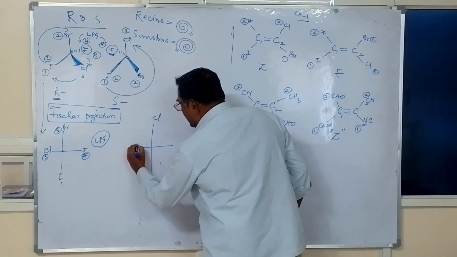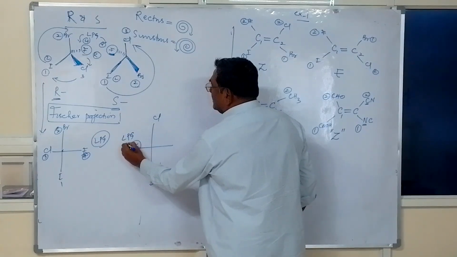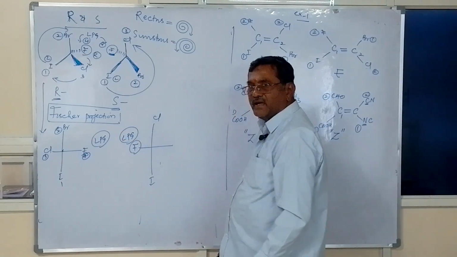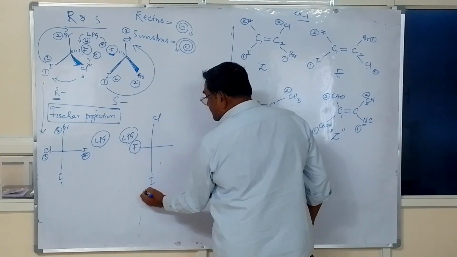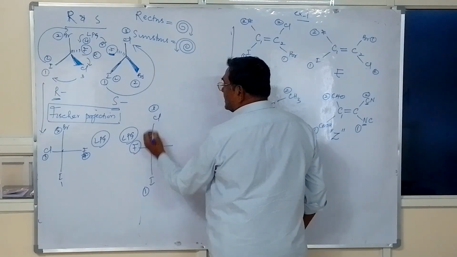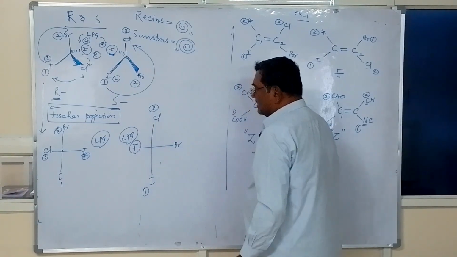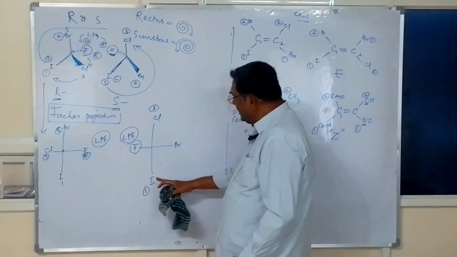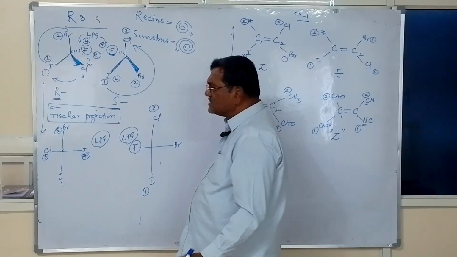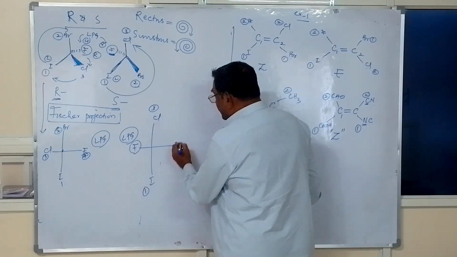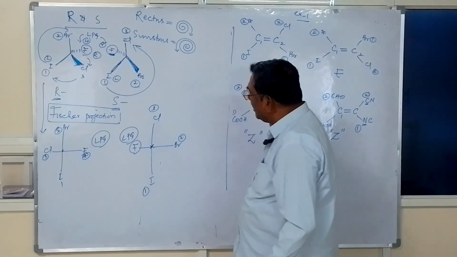So then I'll write them as it is. What is this? It's our best friend. It's going to be the least prior group. And the highest prior group is this. Third prior group is this, which is on wedge. I am writing like this, children. So left side, and I have written left side only. Keep it as it is. What's wrong in this? I have given priority of the groups on the chiral carbon.